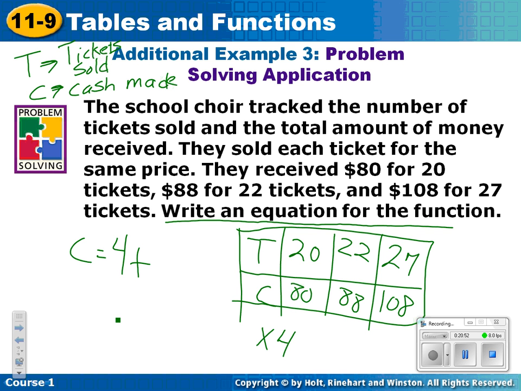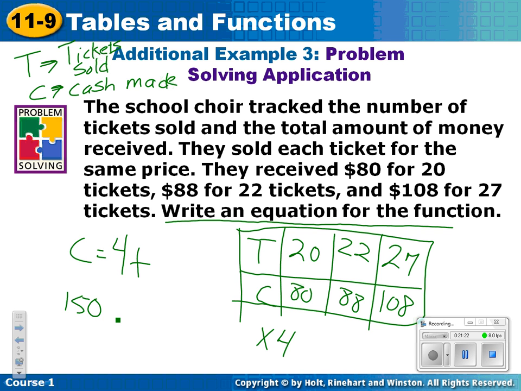Now let's say I run the school choir, and I know that I need to make $150. Using this equation, can I then figure out how many tickets I have to sell in order to make that $150? Absolutely.